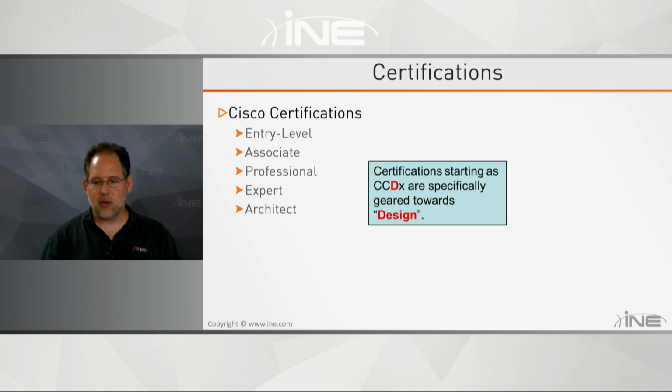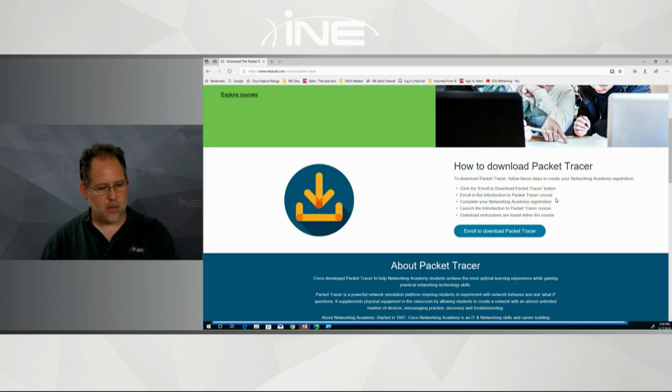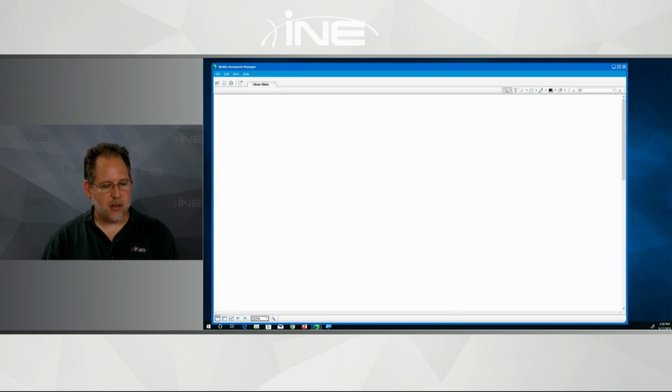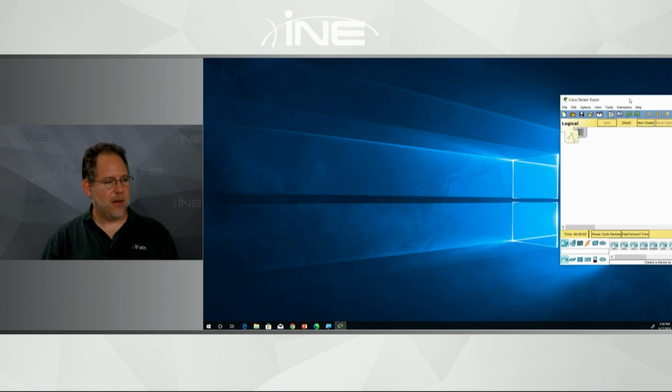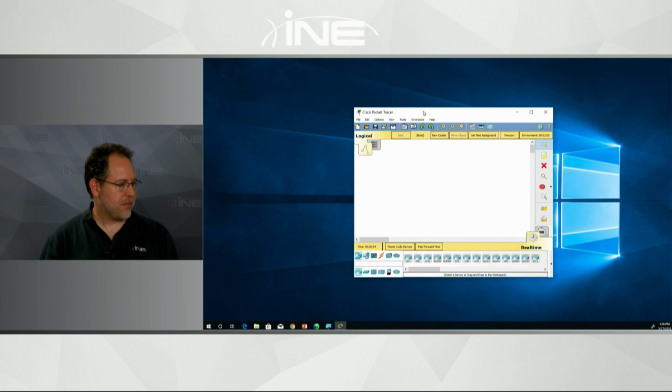And Packet Tracer, I believe I have it here on my laptop. Yes, I do. So when you run Packet Tracer, it's a completely simulated environment. So here it is.